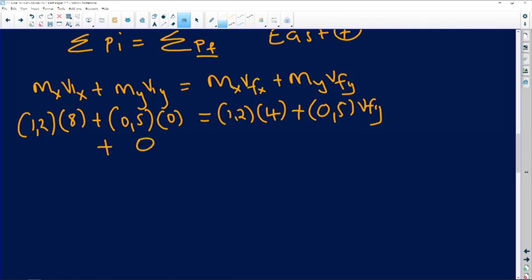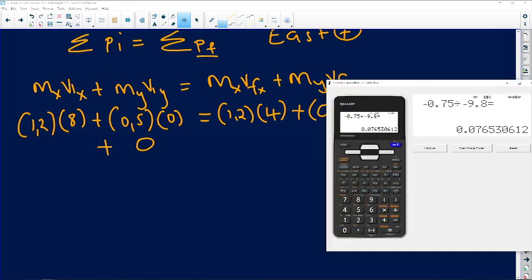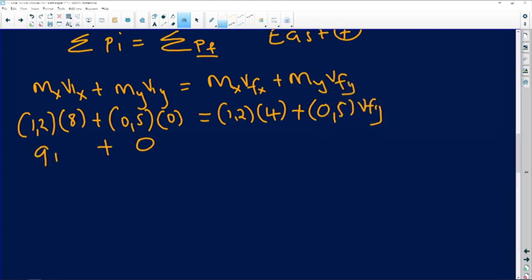I must go to my calculator now and look for 1,2 times 8. What do I get there? 1,2 times 8, I have 9,6. So 9,6, and then equals, what is 1,2 times 4?